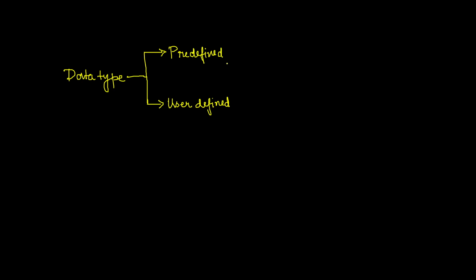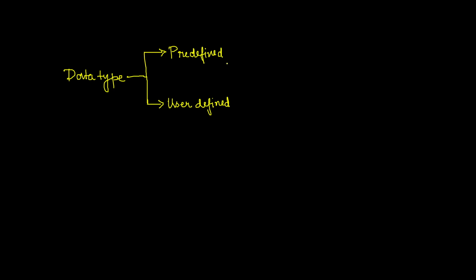For example, int, char, float, you cannot change by yourself in a particular compiler. For example, Turbo C++ 32-bit compiler says that int takes 2 bytes of location. That's all. That's fixed for that compiler. No programmer can change this.